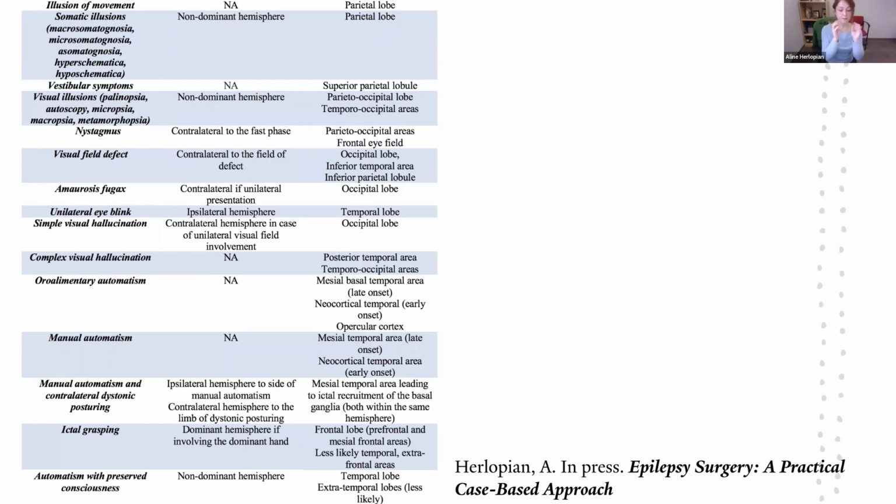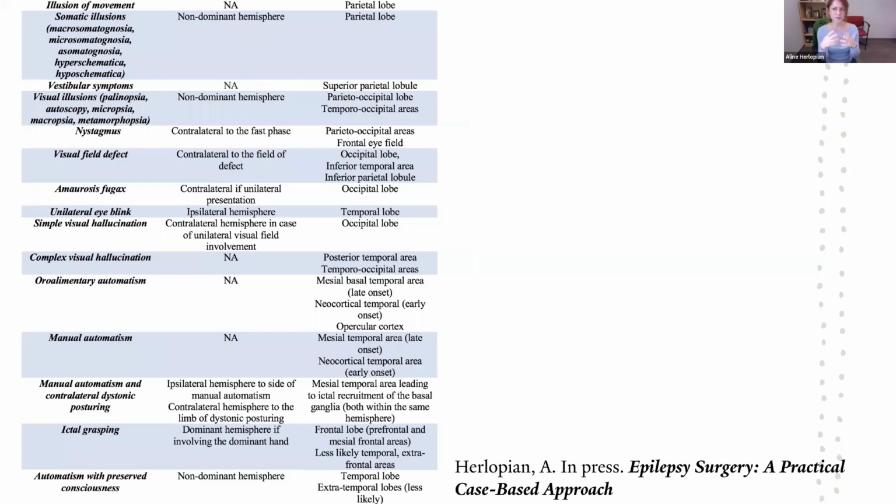So if you have a primitive visual manifestation, flashing lights, let's say flickers of lights, colors, those are most likely the occipital lobe. And if they become more complex, for example, some patients say, I saw a castle, they all point to the temporal lobe or the temporal occipital area.